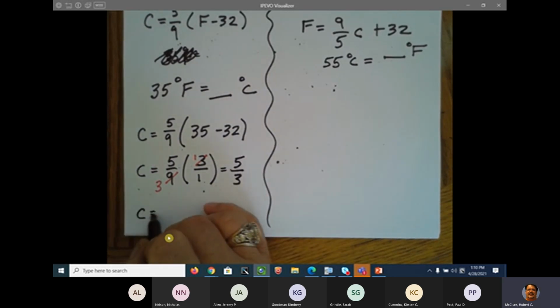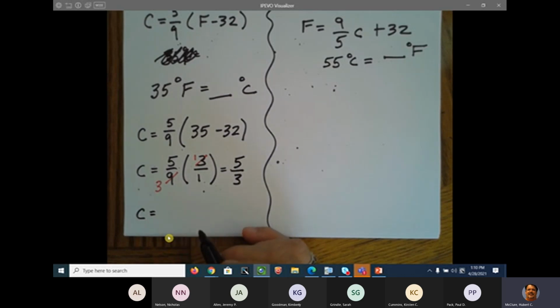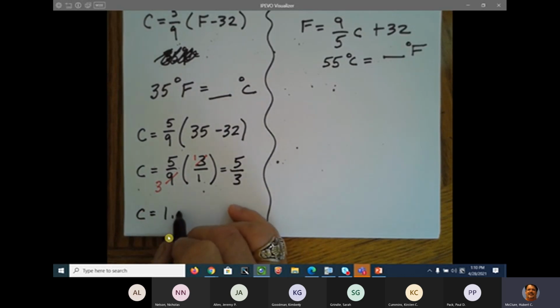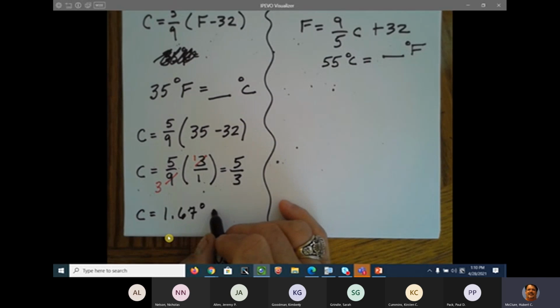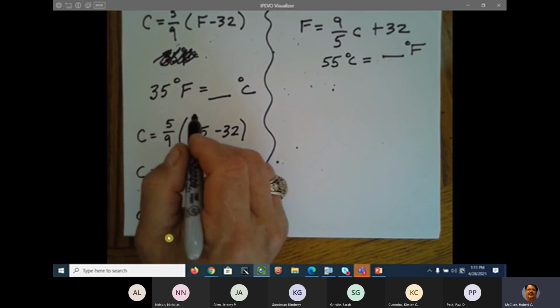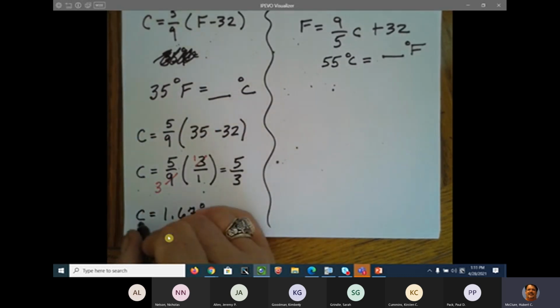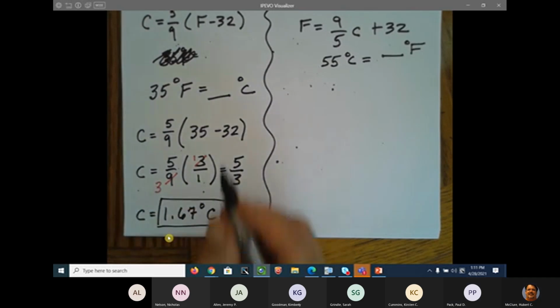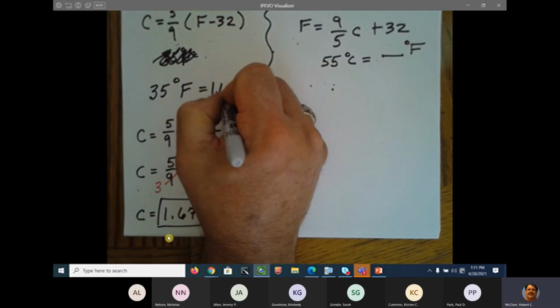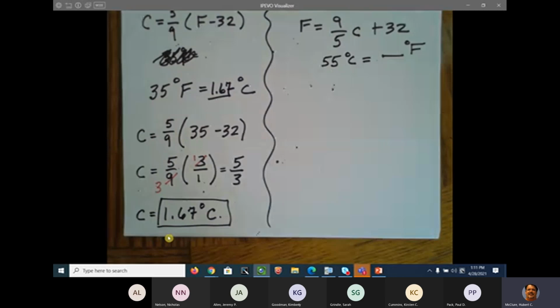So C is equal to 1 2/3, which is 1.67 degrees. Sorry, no, wait a minute. Yeah, Celsius. I turned it into Celsius. So 1.67 degrees Celsius.